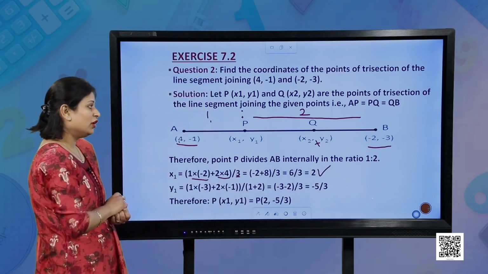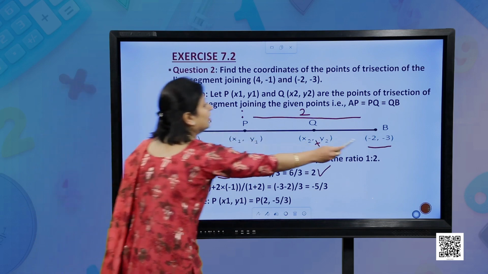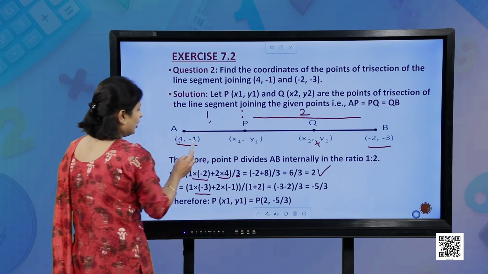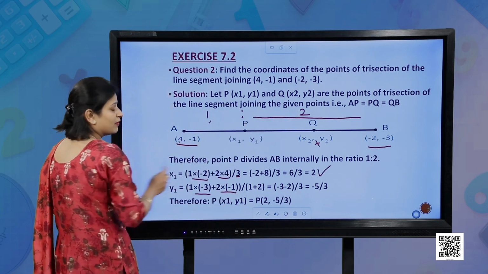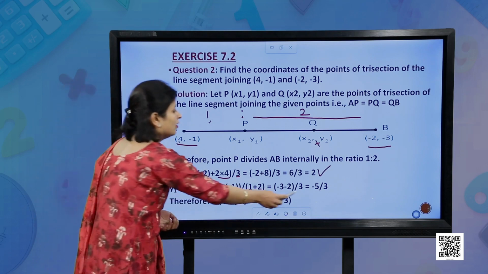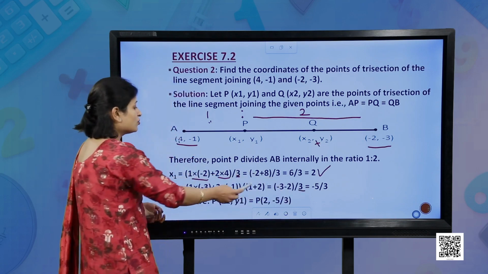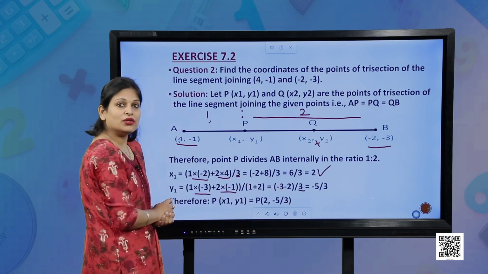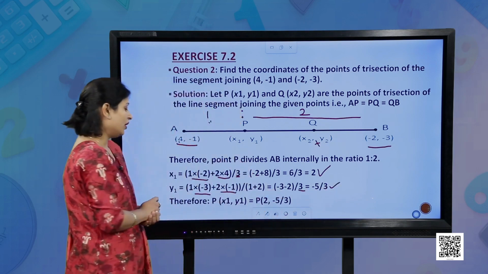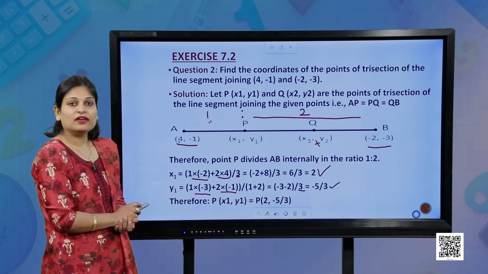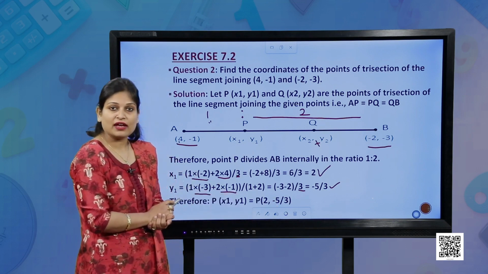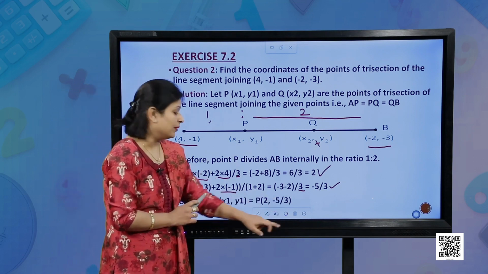For y1, what will you do? 1 into -3 plus 2 into -1 divided by the sum of the ratios, which is 1 plus 2, you will get 3 in the denominator. So, -3 minus 2 in the numerator. After solving, what will you get? -5/3. So, the coordinates of point P, which is x1, y1, will be 2, -5/3.